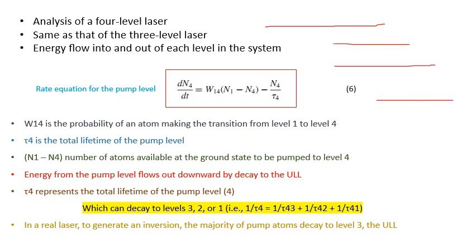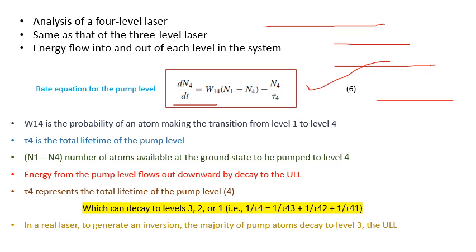to expand it. So starting from this equation, the rate of change of the fourth level in a 4-level laser system, which is the pump level. W14 is the probability between the first and fourth level, N1 is the first level, and N4 minus N1 is the difference of these two levels, and N4 by tau 4.